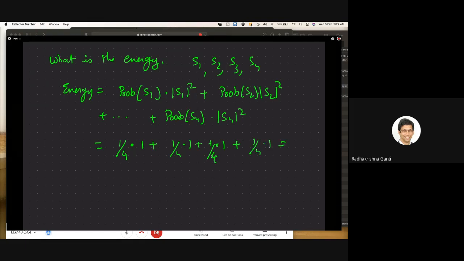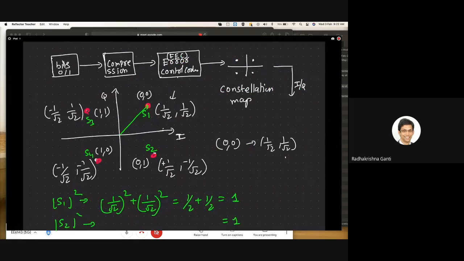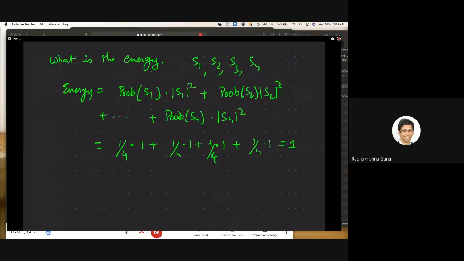So in general, the convention is that you always try to normalize your constellation so that the average energy in the constellation is always 1. Let's take the example of simple BPSK. 0 gets mapped to here, 1 gets mapped to here.